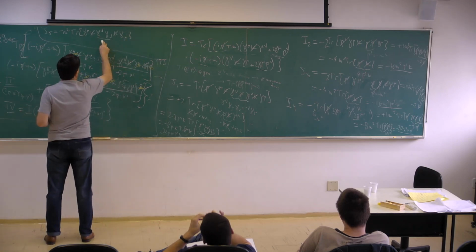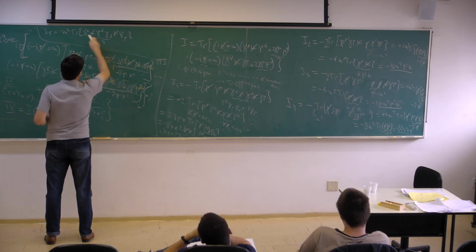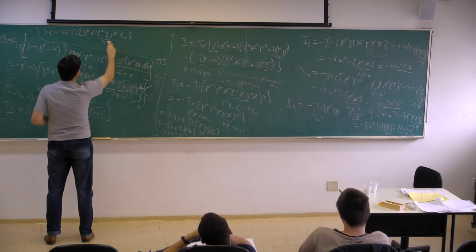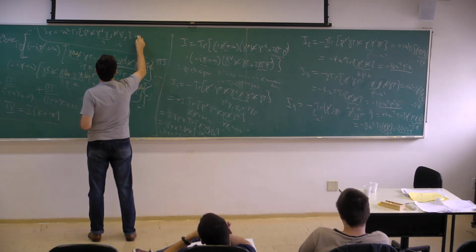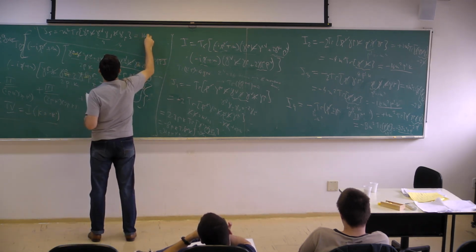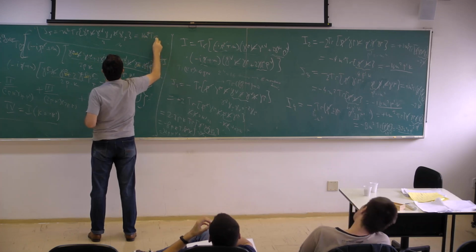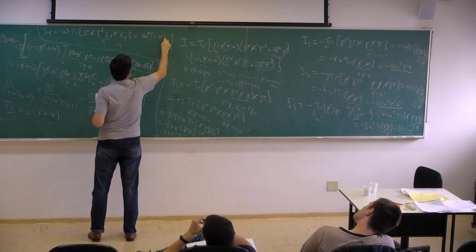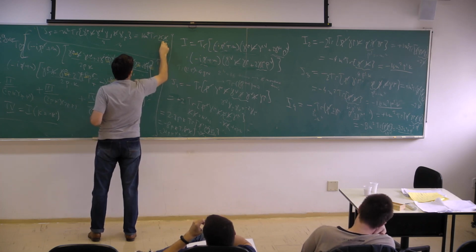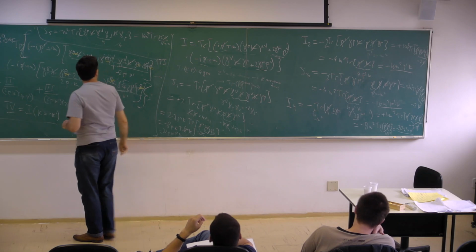Well, this is equal to 4, and this, putting on the other side by trace cyclicity, is also equal to 4. Right? So this is 16 m squared trace k slash, but this is k squared, so that's 0. Okay?